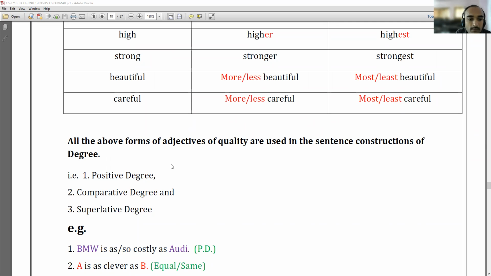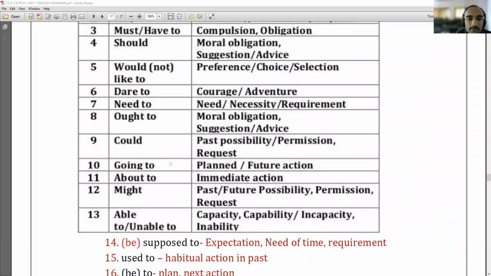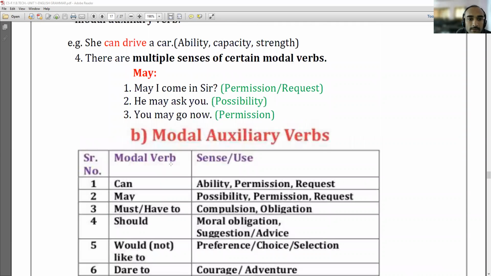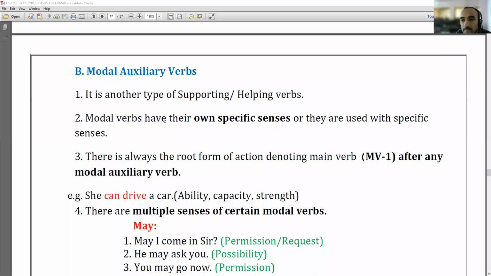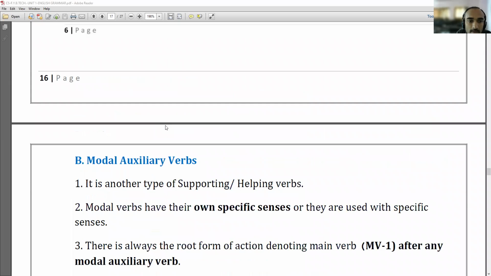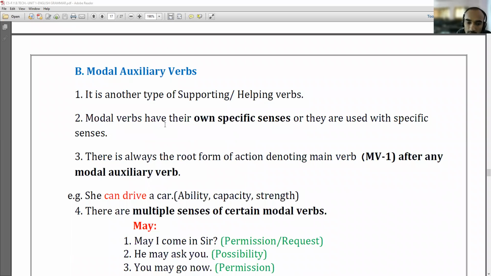Okay, so we'll start with the lecture. In the last lecture, yesterday's lecture, we discussed modal auxiliary verbs. We will take a quick revision of that and then start the new topic. There are two types of auxiliary verbs that we have discussed: primary auxiliary and modal auxiliary.